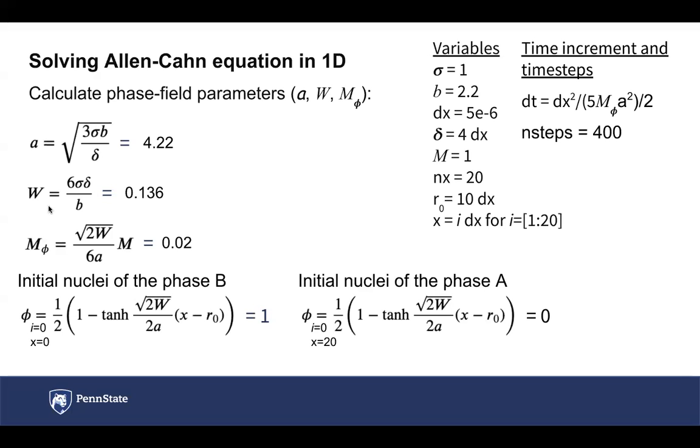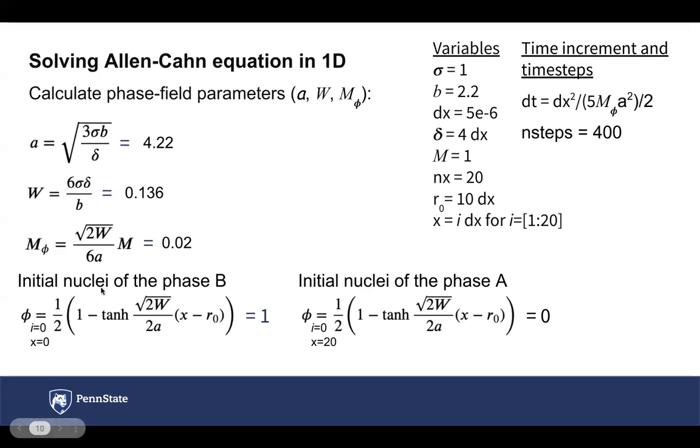And then next we calculate the double well potential energy height, W, which is equal to 6 times sigma times delta over B. And then lastly, we calculate the mobility of the phase field variable, which governs the evolution of the diffusive interface. And this is equal to the root of 2 times W over 6A, times M, where M is our constant based on the physical mobility of the interface.